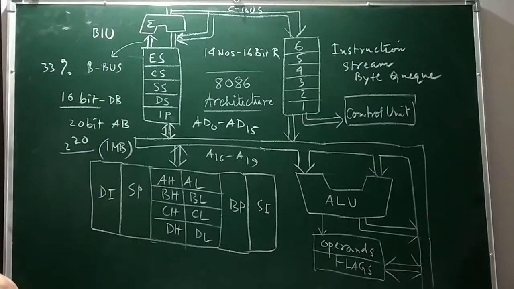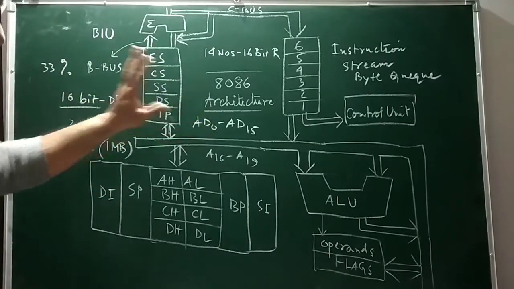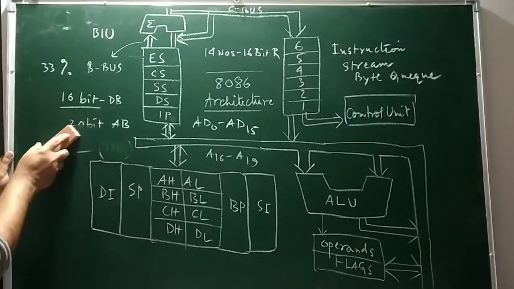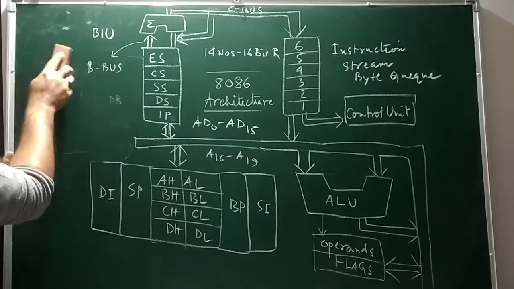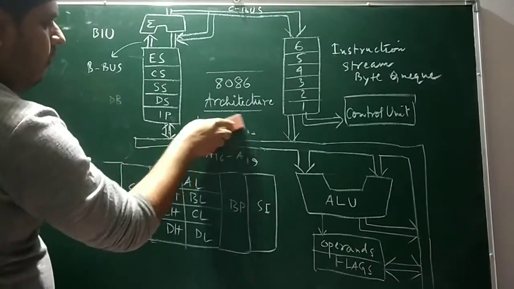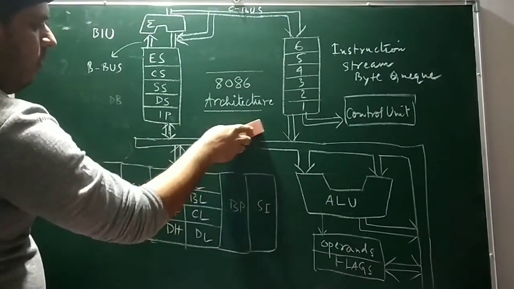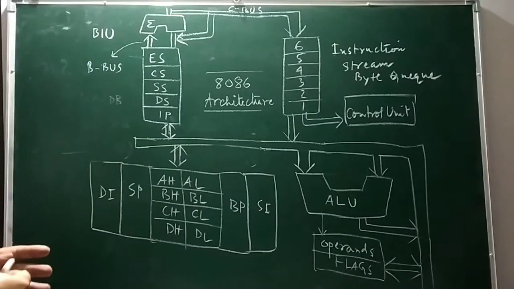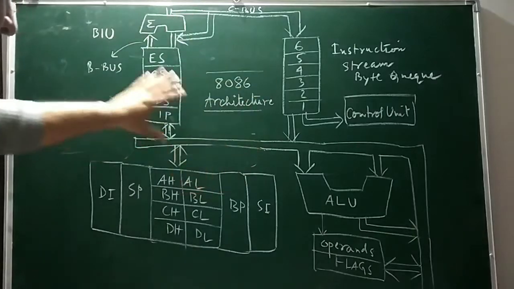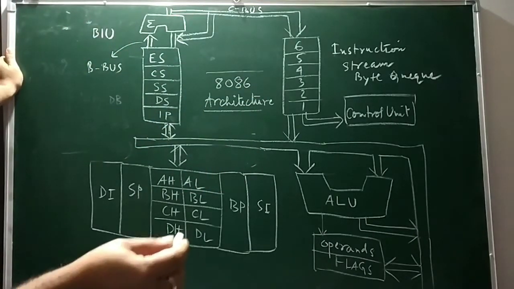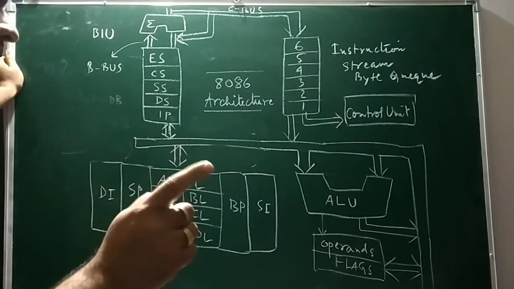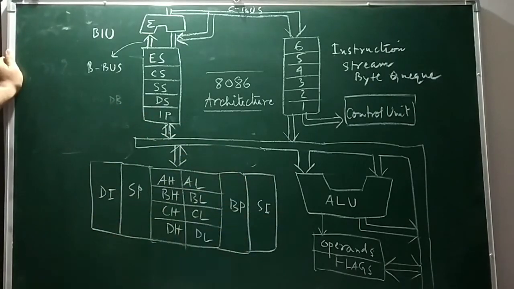So in the 8086 architecture, now I am erasing all these things. In the 8086 microprocessor, as shown in this figure, its CPU is divided into two independent functional blocks.